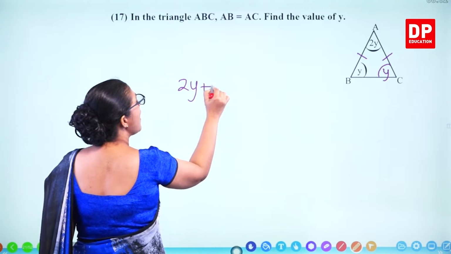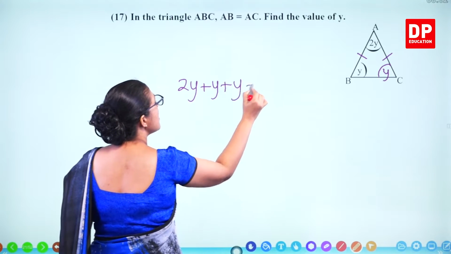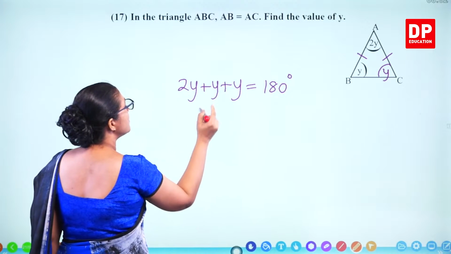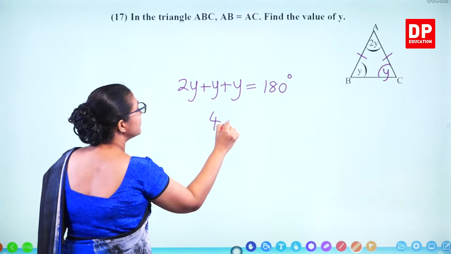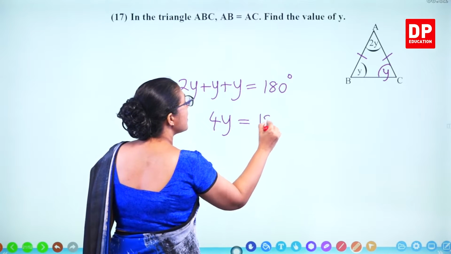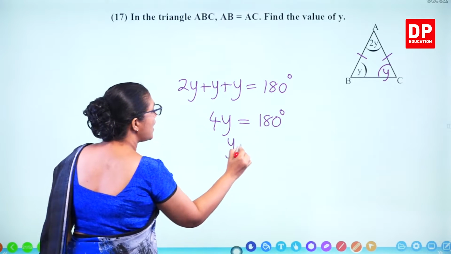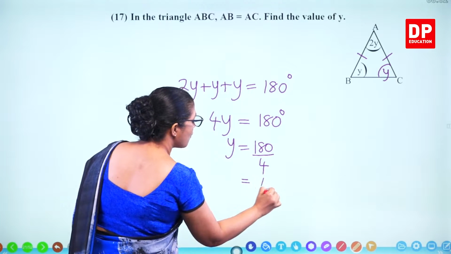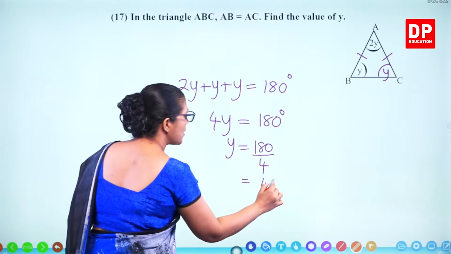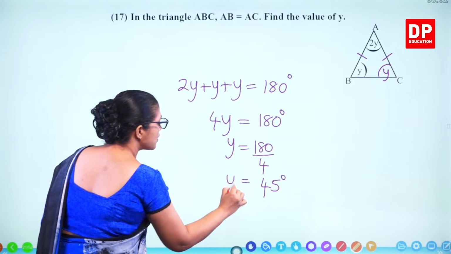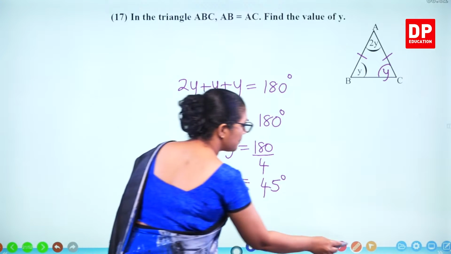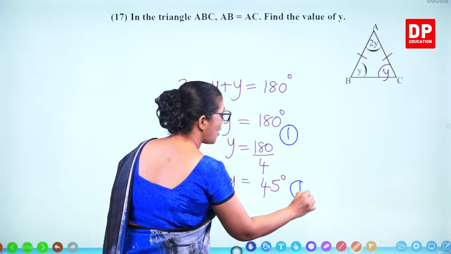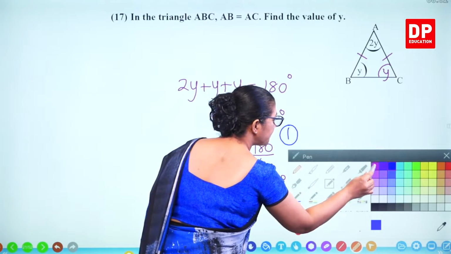The sum of angles in a triangle is 180. 2 plus 1, here 4y is 180. What's y? 180 divided by 4. 4, 16, for 20 that's 5. So 45 degrees. 1 mark here and 1 mark for the answer.